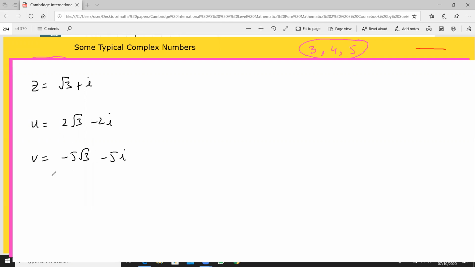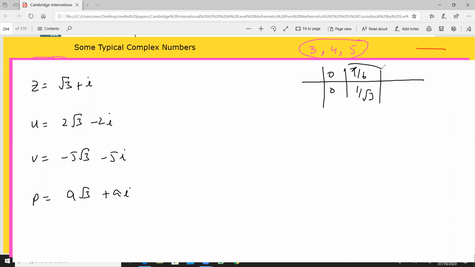Now look at all these, or in general, let's say your p is a under root 3 plus a iota. So again, that table, you know that if this is 0, and if this is pi by 6, then this is 1 over under root 3. So I'll be focusing on this.